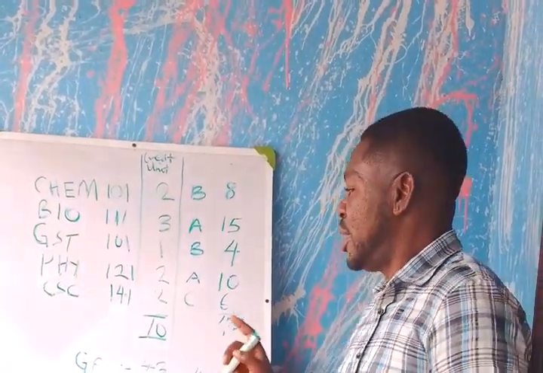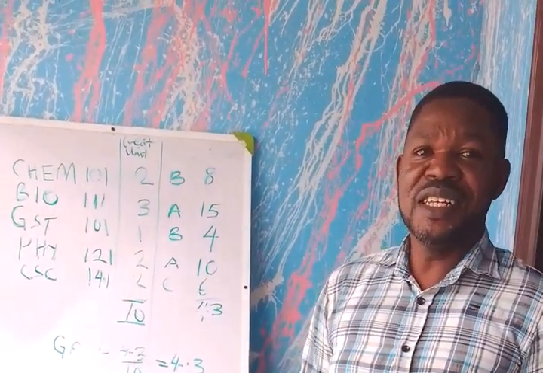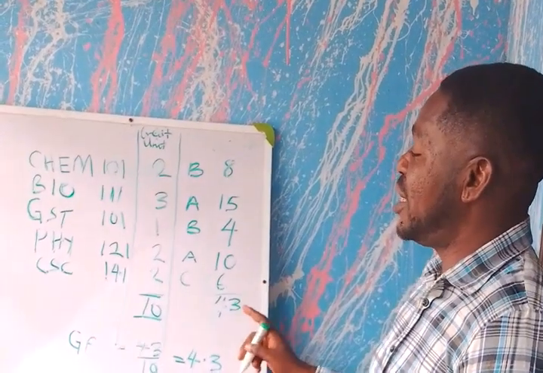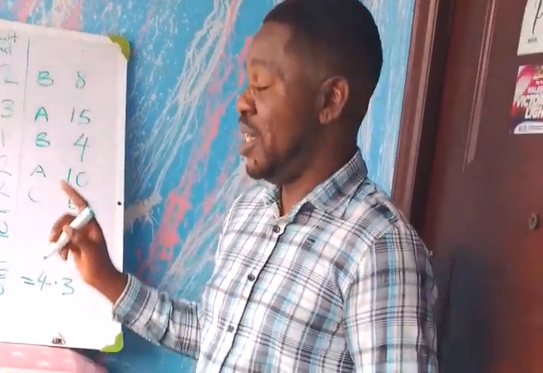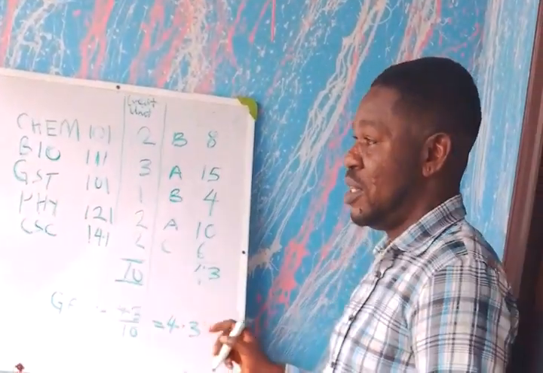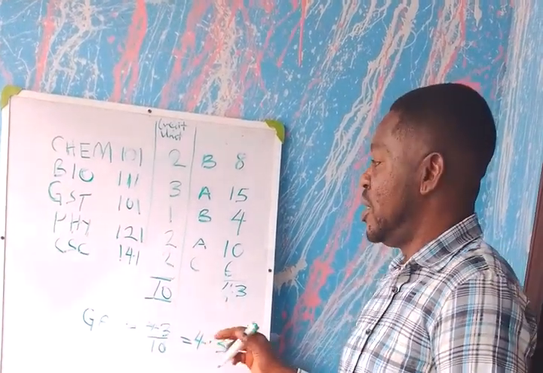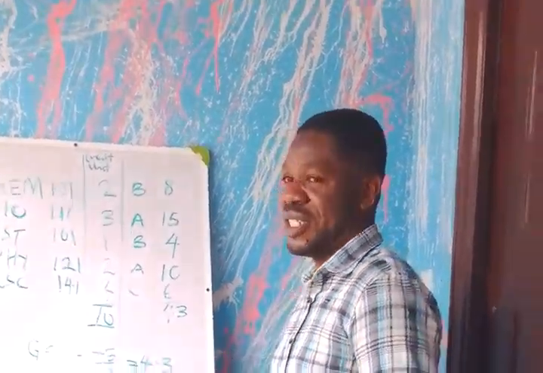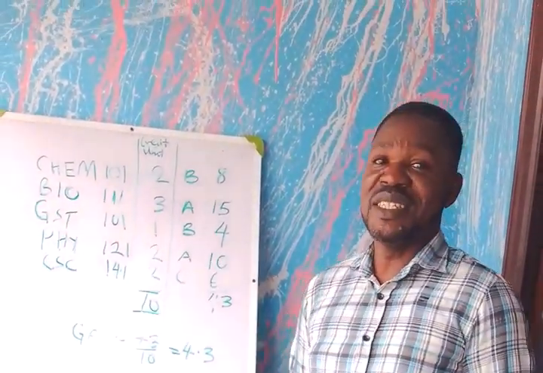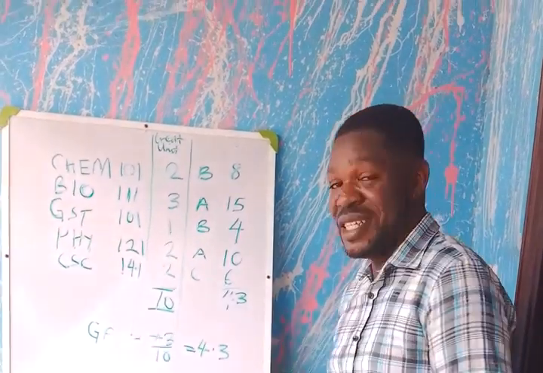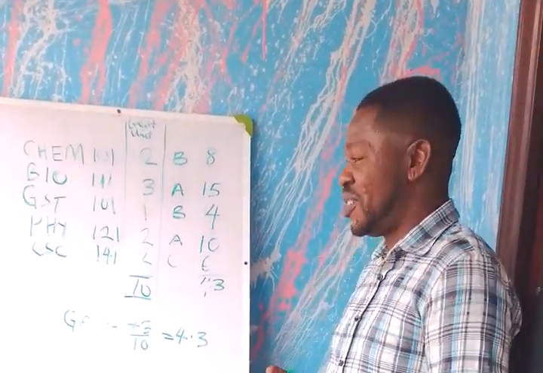Then to get the cumulative grade point average, you have to do it each year. You do it in second year, you do it in third year, fourth year, fifth year, as the case may be, depending on the number of years you are studying. So at the end of the day, you now divide by the total number of years.